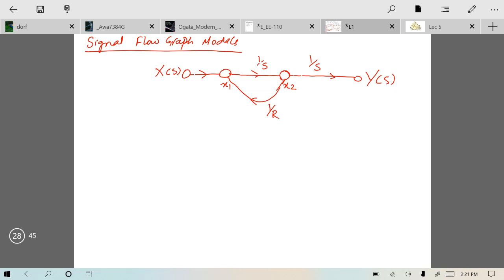For example, if you have a transfer function and you want to move to a state space model, you should equip yourself to move from a transfer function to a state variable model. Similarly, if you have a block diagram model, you should be able to convert it into a signal flow graph. If you have a system represented in a signal flow graph, then obviously you would be able to convert it into a block diagram model as well.